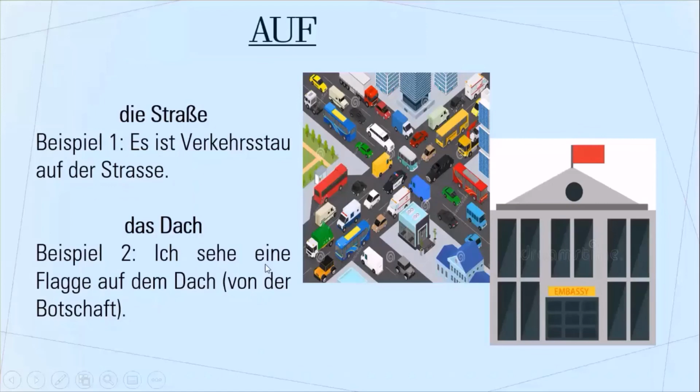I see a flag on the roof of the embassy. Von is a dative preposition, so it will always use the dative case. So the embassy is die Botschaft and die article changes to der.